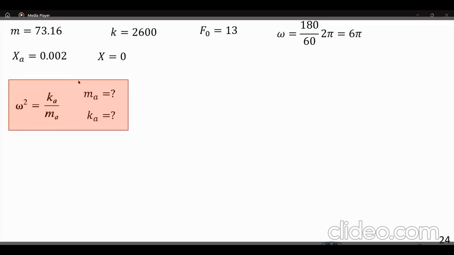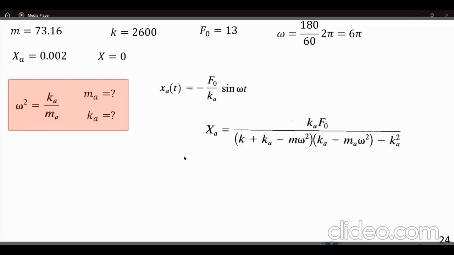This is the tuning condition. We don't know what these things are. So the amplitude of the absorber mass is right here. This is the motion of the absorber mass, and we know that these are the same.